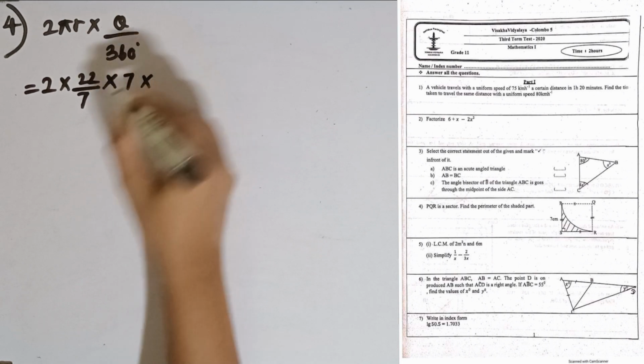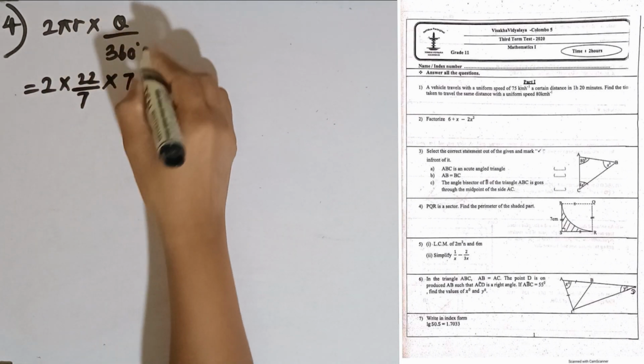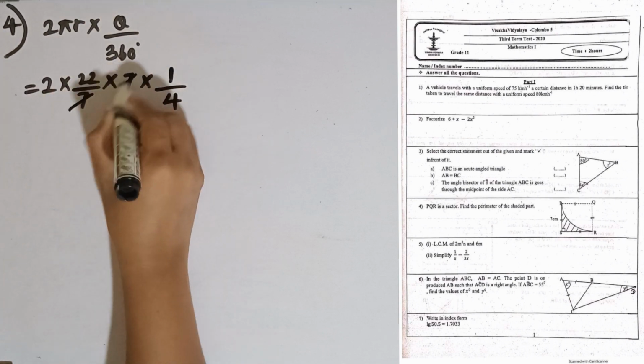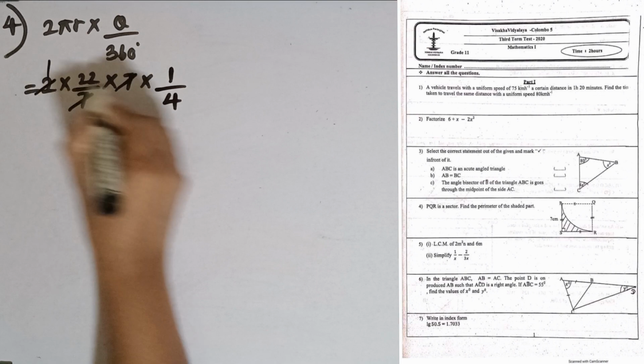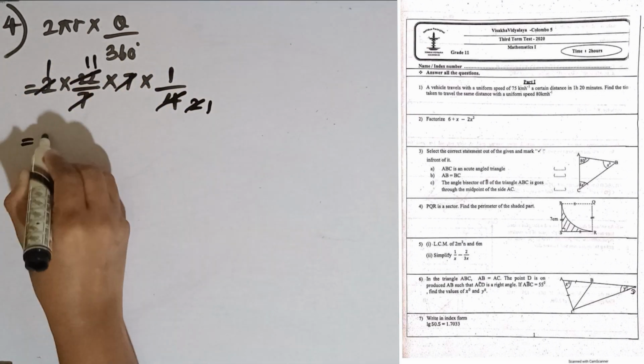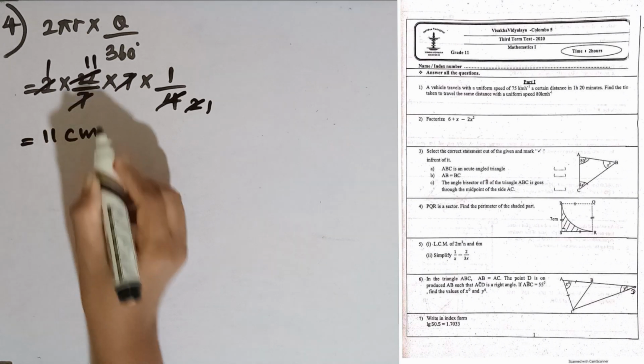Then the angle is 90 degrees, so this ratio is 1 over 4. So 7 and 7 can be cut off. Then the arc length equals 11 centimeters.